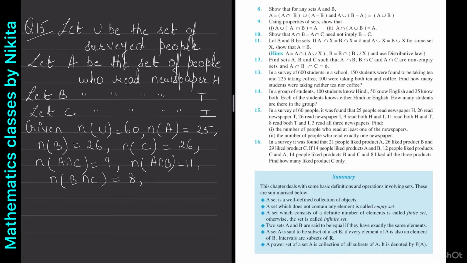And 3 read all the newspapers, so n of A intersection B intersection C is equal to 3.